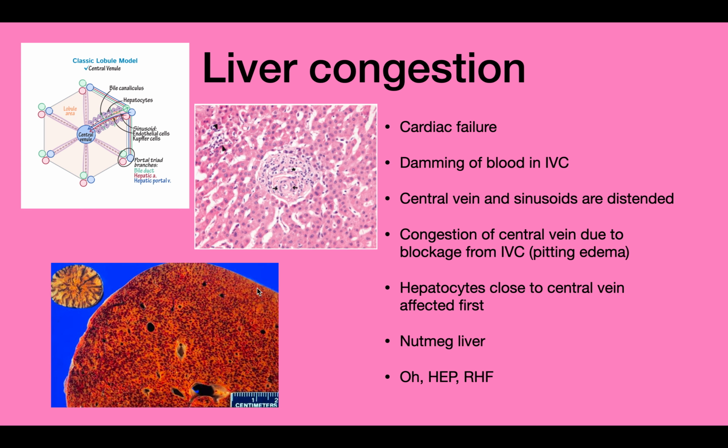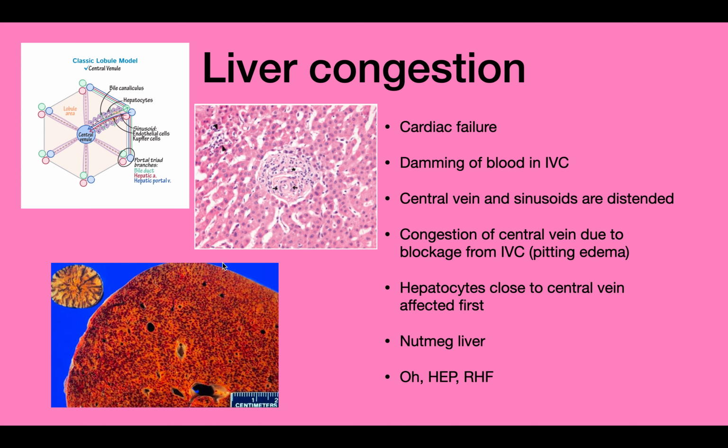And the pitting edema is going to occur thanks to the congestion. The hepatocytes closest to the central vein, here we go, are going to be affected first. So the portal triad is going to be affected basically last. Here you go. Here's the central venule, so the cells around here would be affected first.